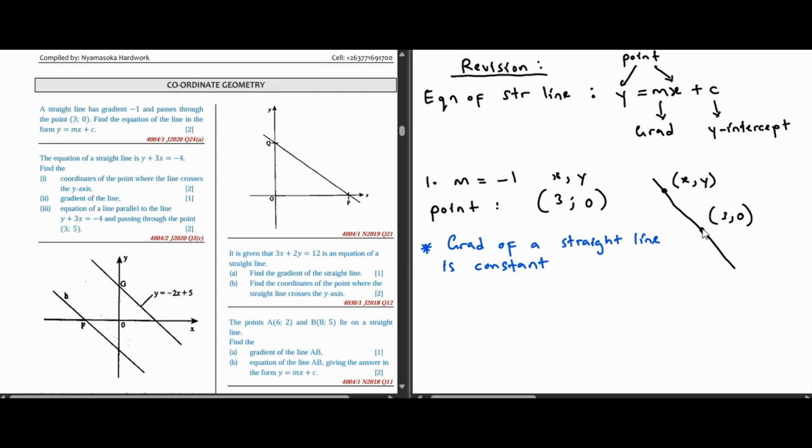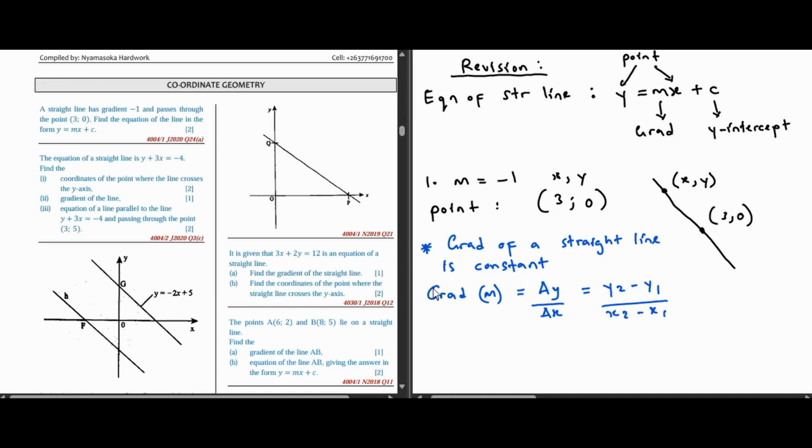Let us use these 2 points to calculate what our gradient is. If you remember from our last lesson, we said the gradient m is calculated as a change in y over a change in x, which we can write as delta y over delta x, which is equal to y2 minus y1 over x2 minus x1.